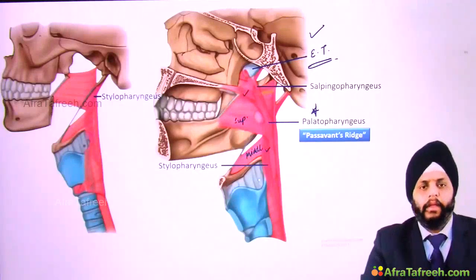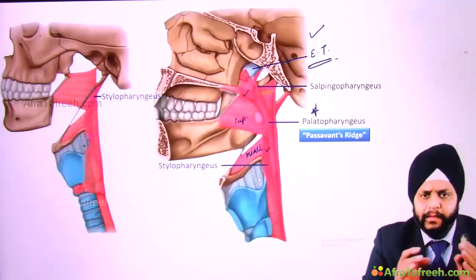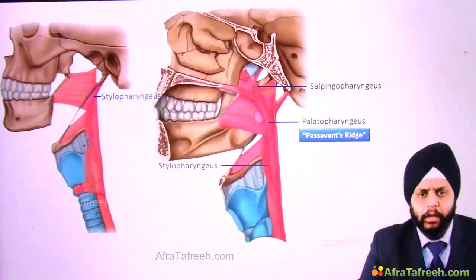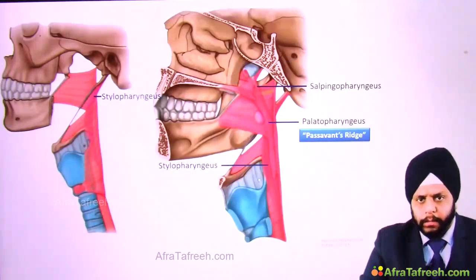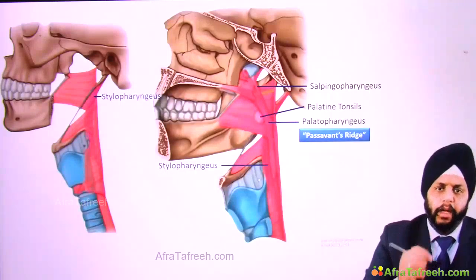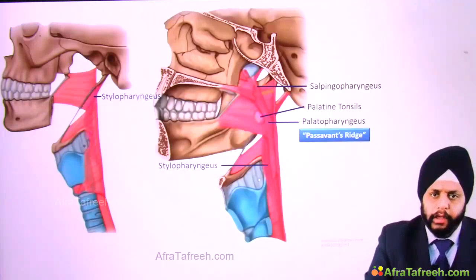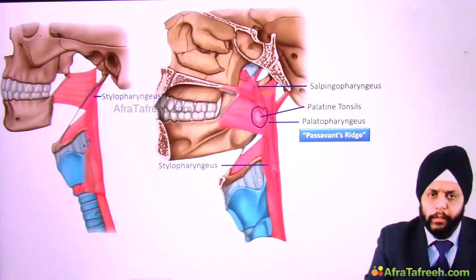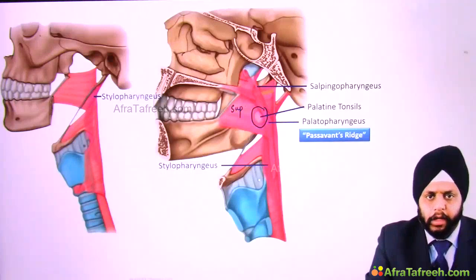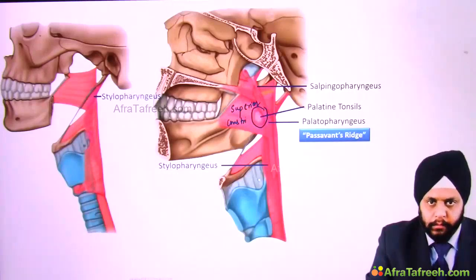All right. Now, anything else that we can see over here? We can see a very important structure over here which we are going to talk about later on, and that is the palatine tonsils. Remember that the bed of these palatine tonsils is formed by the superior constrictor muscle.